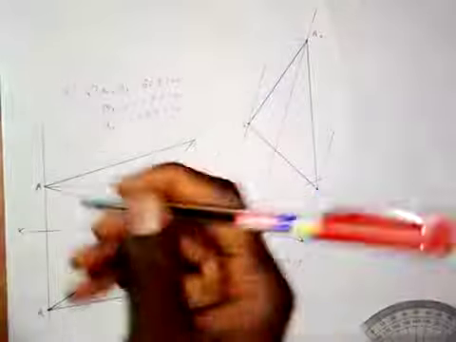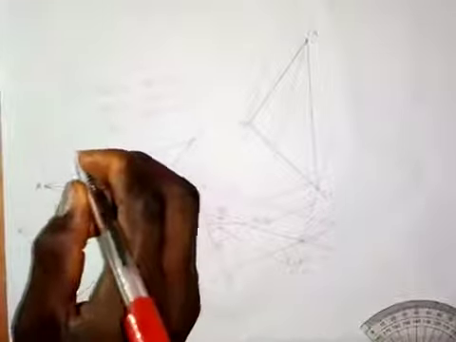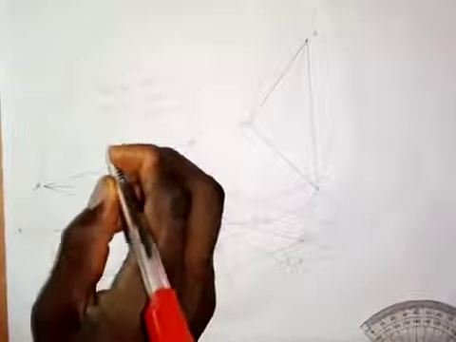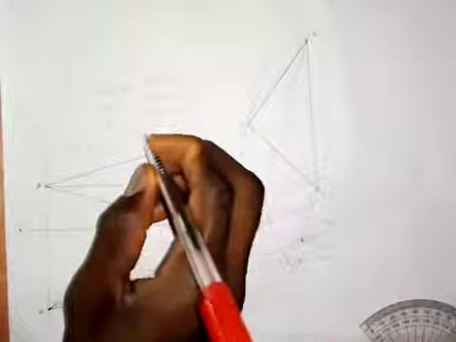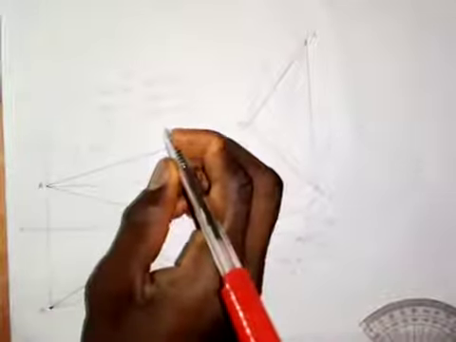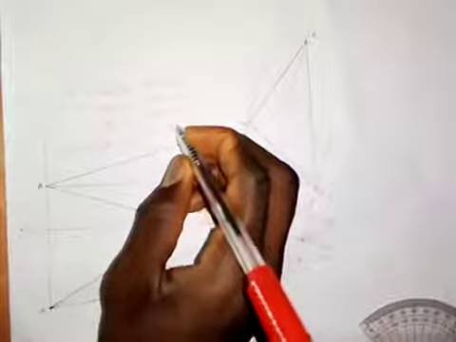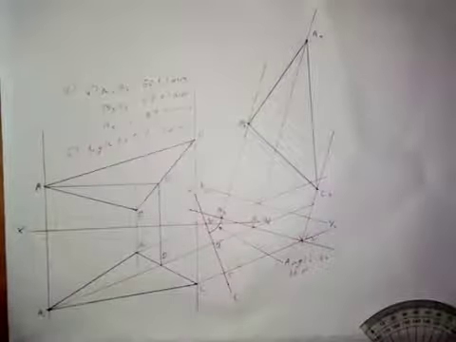So the angle of inclination to HP, figure 2, angle to HP is equal to 54 degrees, plus or minus 1 degree. That is the angle of inclination to HP.